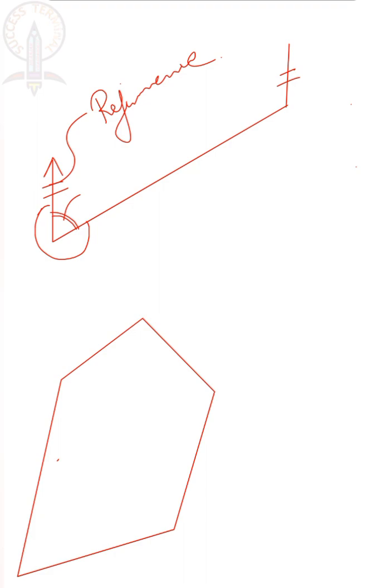Here the magnetic north line is the reference line. We are going to measure the angle with reference to this magnetic north in each and every point. Now this angle is measured from the magnetic north in clockwise direction, and this angle is measured in anti-clockwise direction.